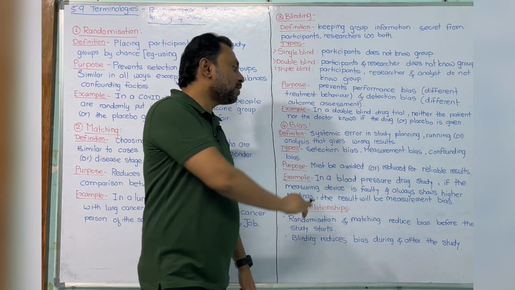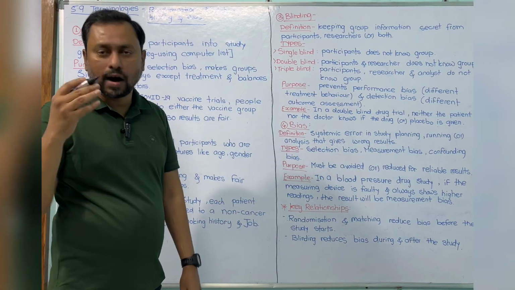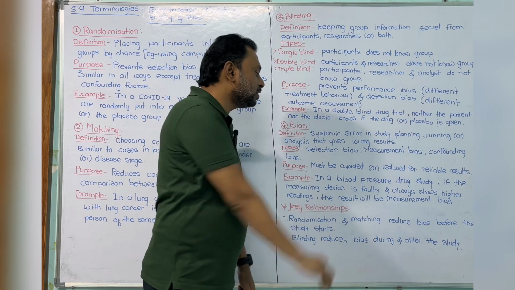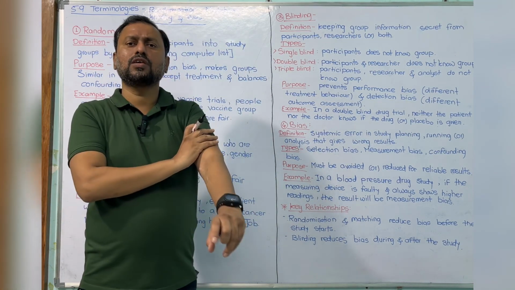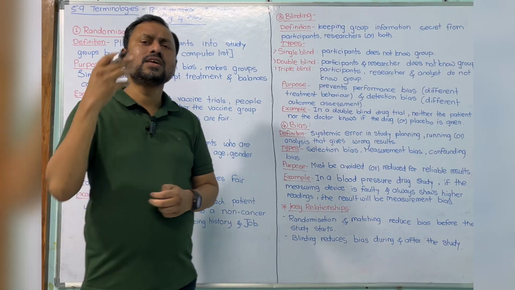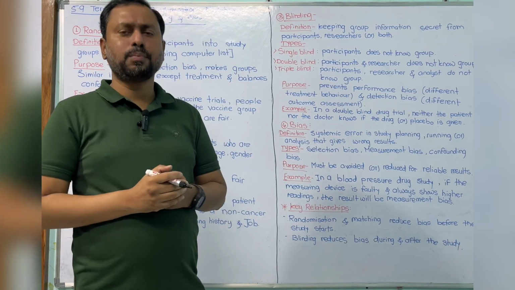An example: in a blood pressure drug study, if the measurement device is faulty and always shows higher readings, the result will be measurement bias.